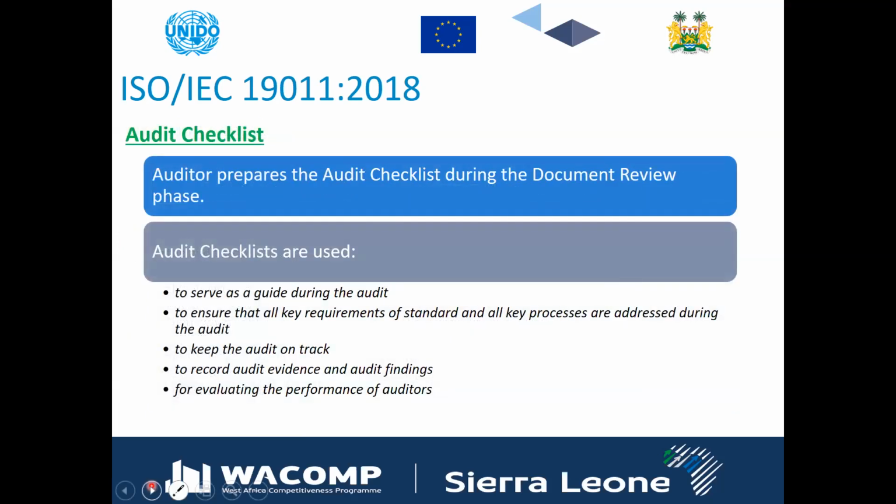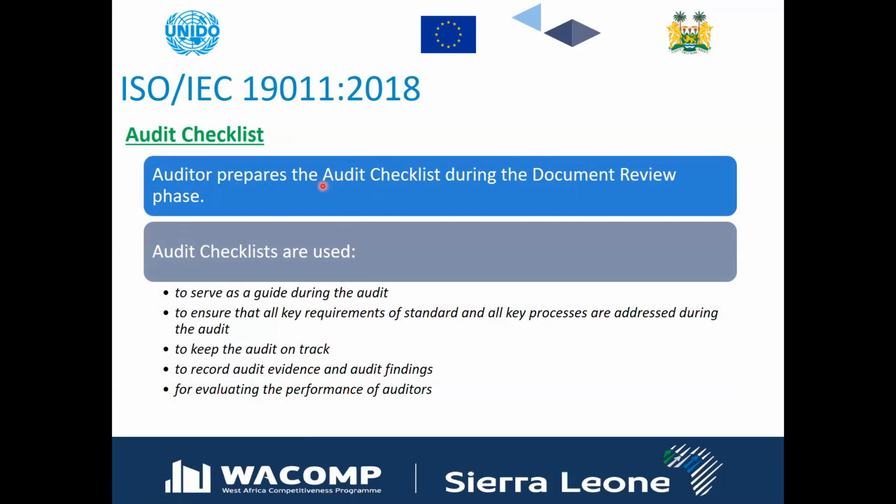This is an audit checklist. As I briefed you, we will discuss this audit checklist in detail in the coming lectures, because the auditor prepares the audit checklist during the document review. Once you get the documents from the company, you review those documents off-site, and at that time you have to prepare the audit checklist.